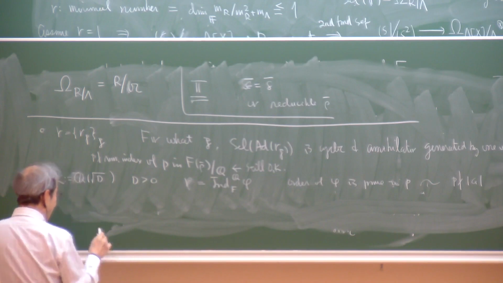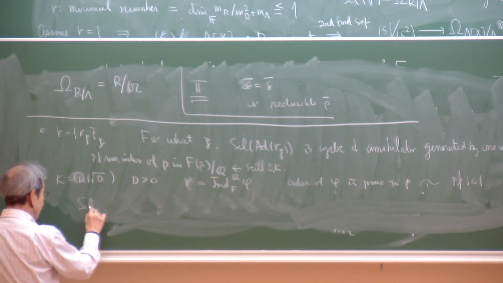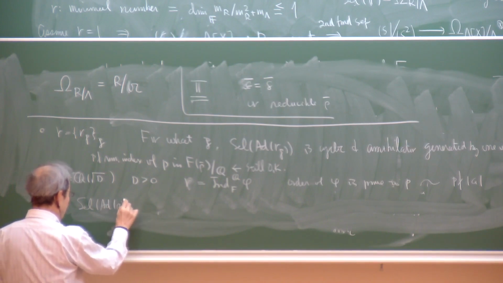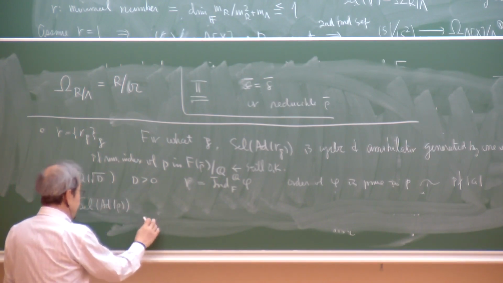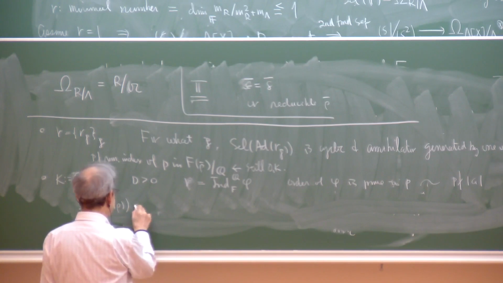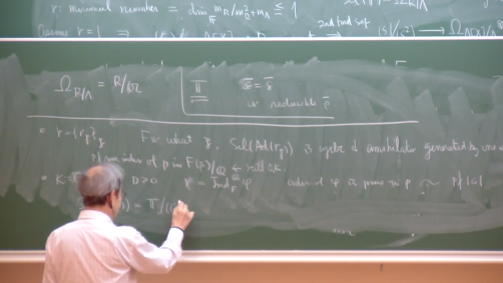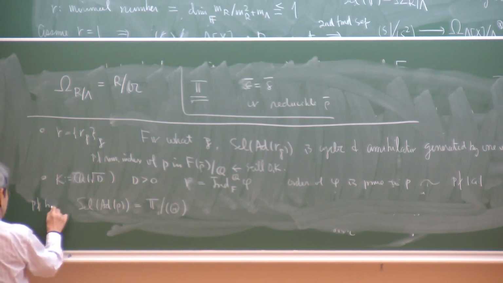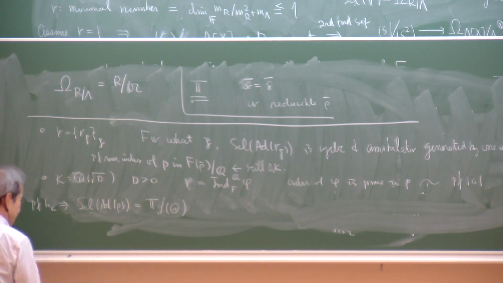And then the Selmer group of ad rho is something like T modulo theta, and if P doesn't divide h_K further.